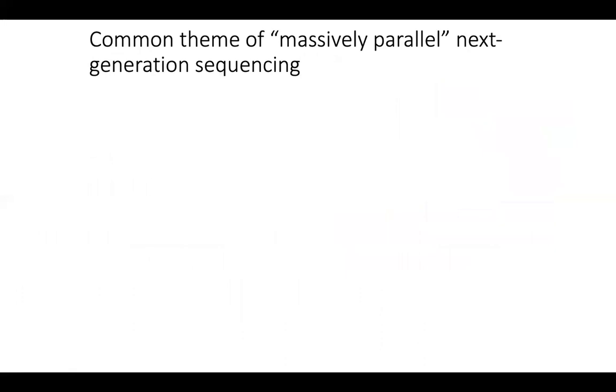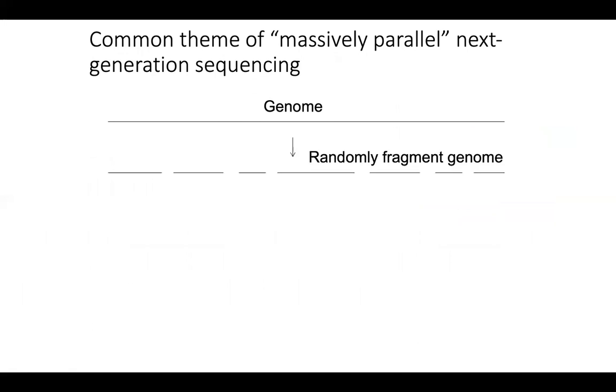So what are some of the common themes of this massively parallel sequencing? So we start out with the genome, and we have multiple copies of that genome that are fragmented. And then these fragments receive universal adapters.